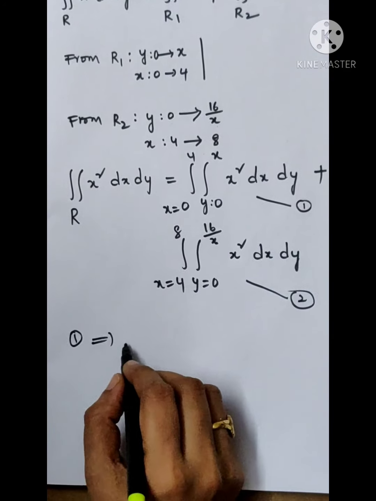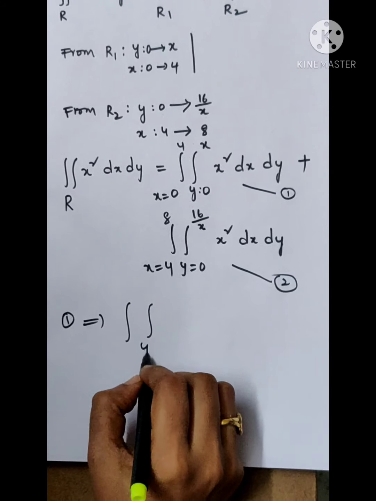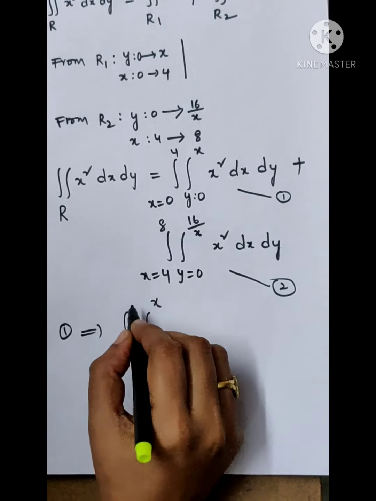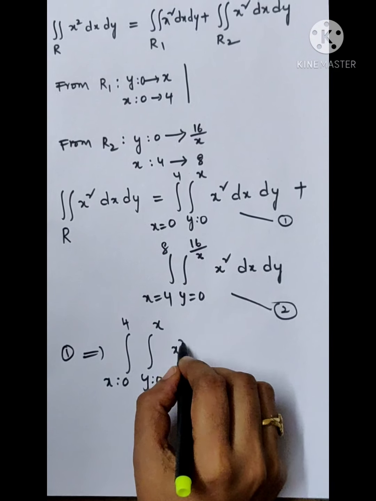So for 1, y limits are from 0 to x, and x limits are from 0 to 4, of x square.